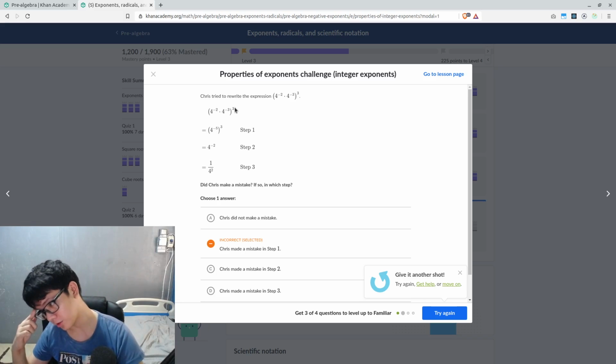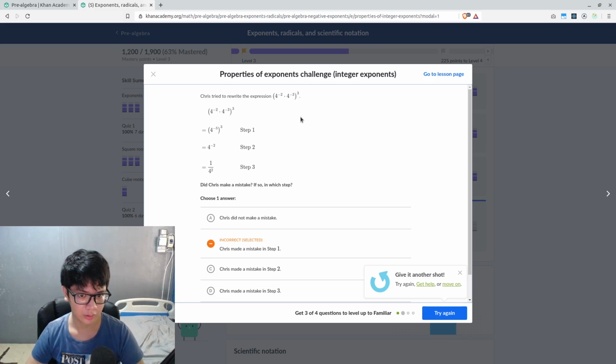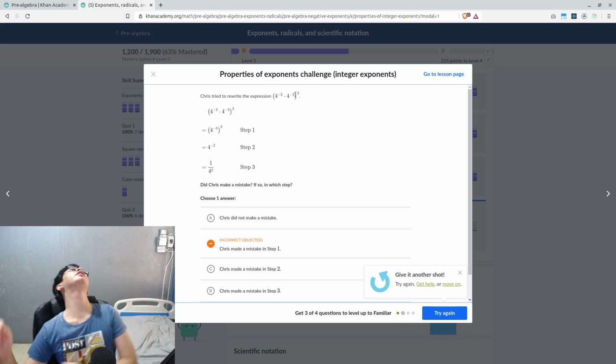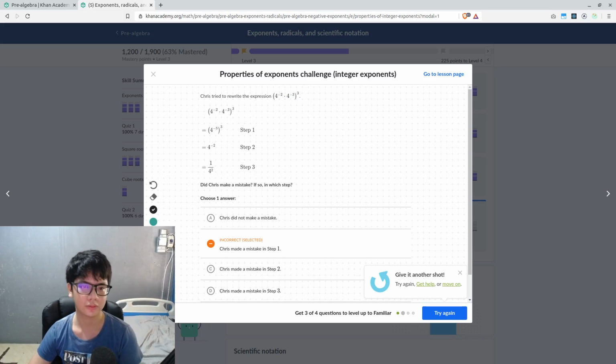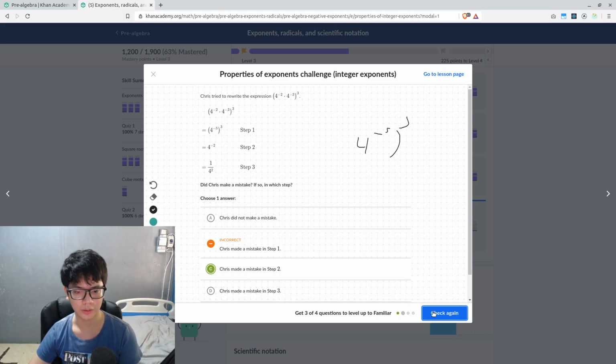Oh, PEMDAS, parentheses, okay. Then why in the video did we do the exponent first? The 4 to the negative 3. And look, oh my god.